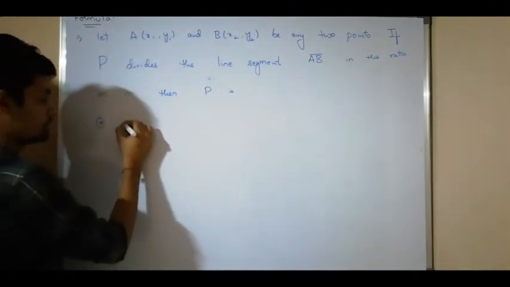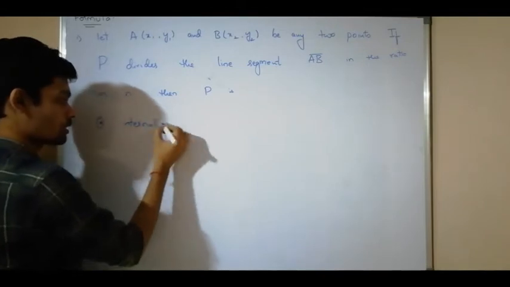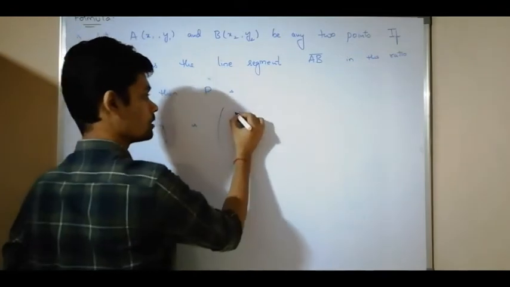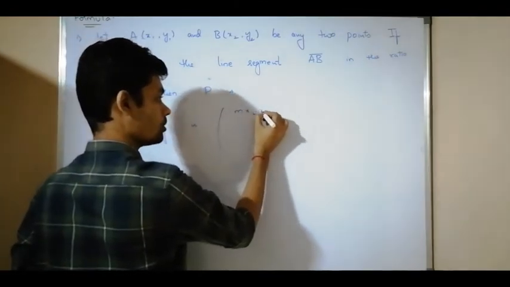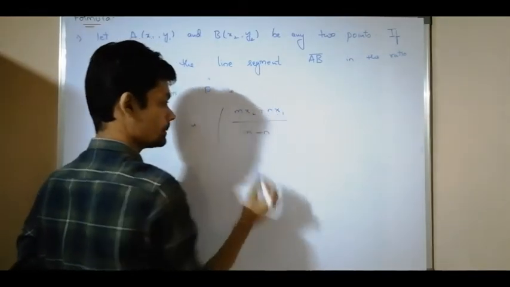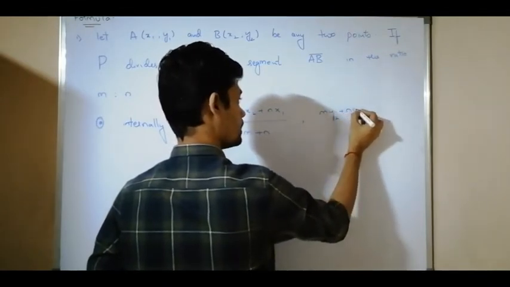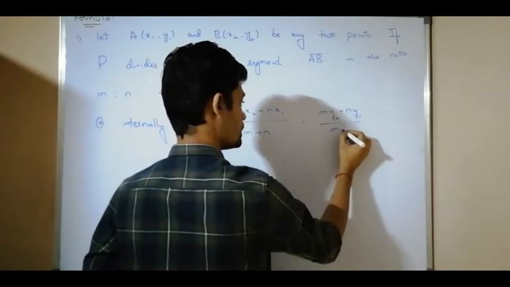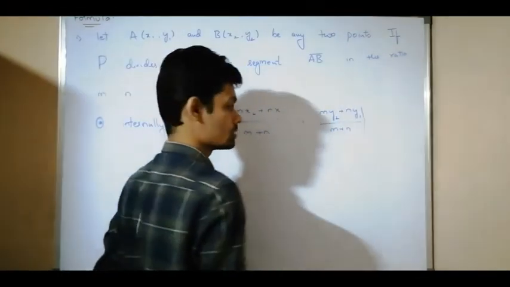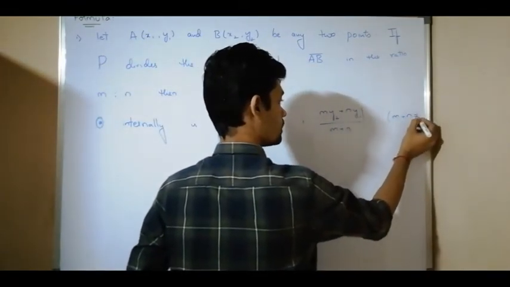For internally, P is (m x2 plus n x1 by m plus n, comma m y2 plus n y1 by m plus n), where the condition is the denominator should not become 0, where m plus n is not equal to 0.